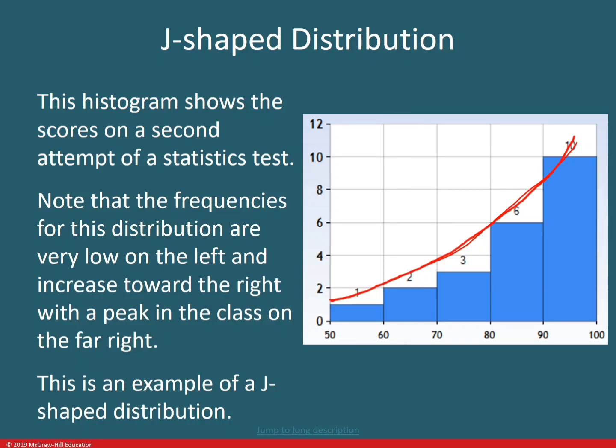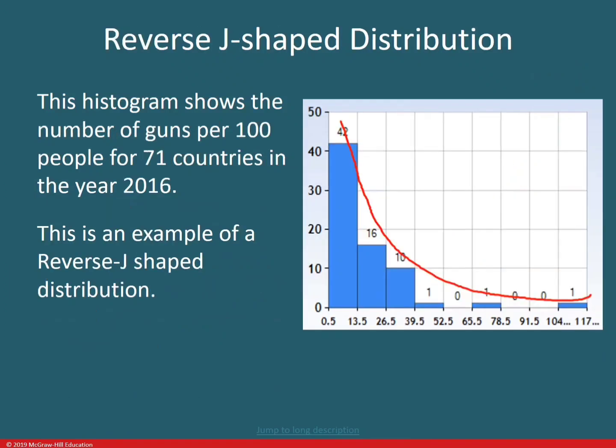It's more of an even shape than a right skewed, because a right skewed could just taper off like that. It could be a very high peak compared to the rest. While J-shaped is they're more near each other as it goes down. And then reverse J-shaped is the same as the J-shaped, just the opposite side.